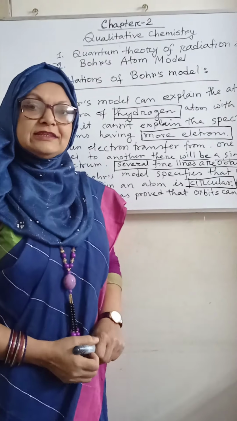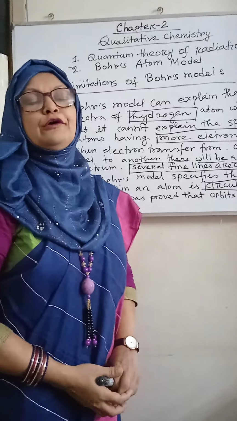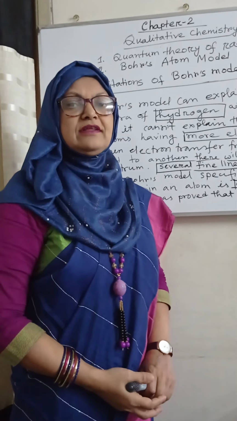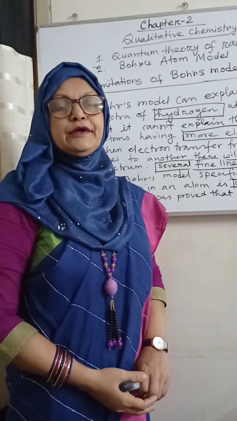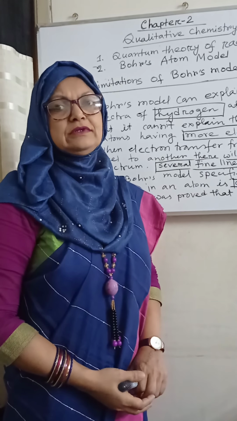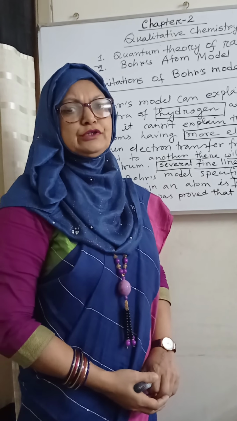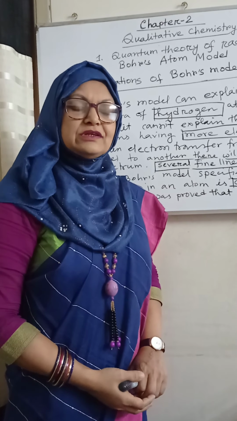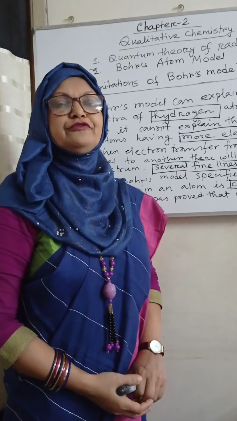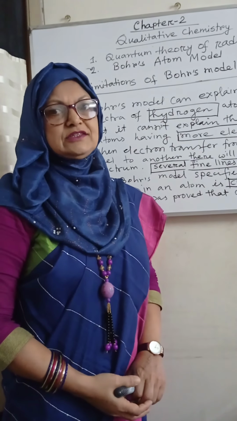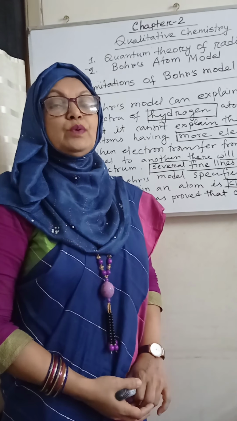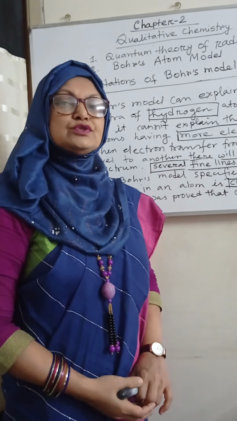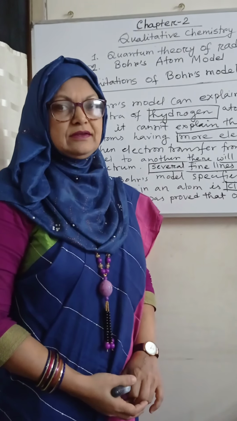So, in the previous class we learned about Rutherford's atom model, and today we have learned about Bohr's atom model. Both of these models are very important for your upcoming exam. That's why you have to learn these two models properly.